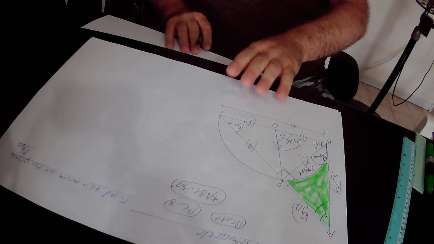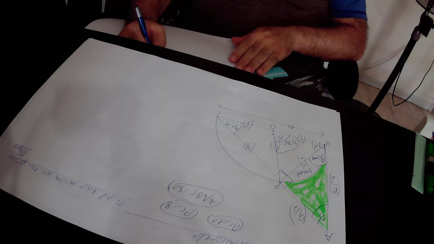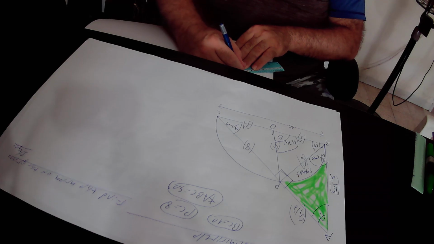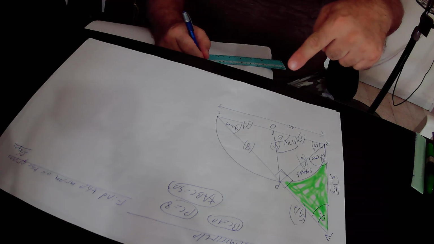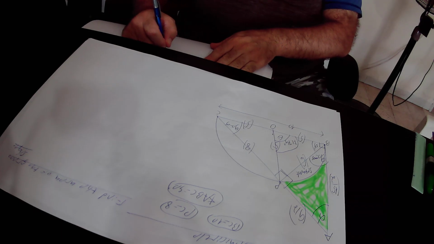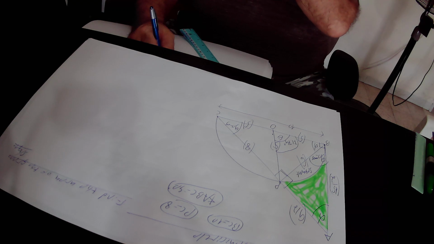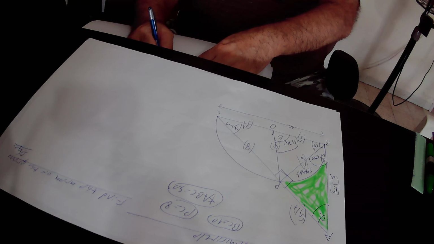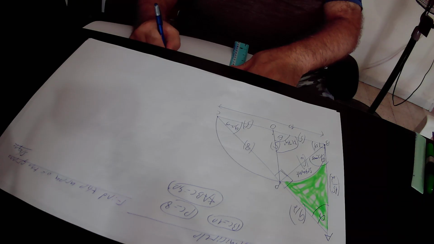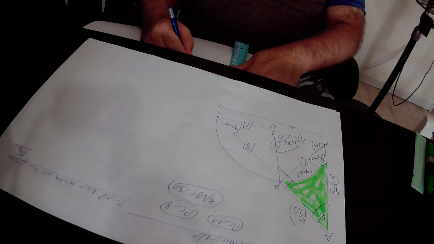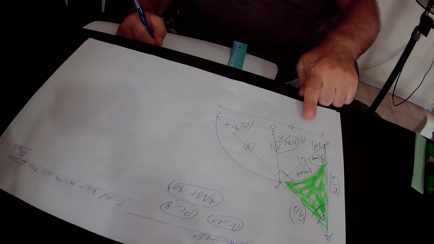From the drawing, it is very easy to see that the area of segment BP is equal to the area of sector OBP minus the area of this triangle OBP.